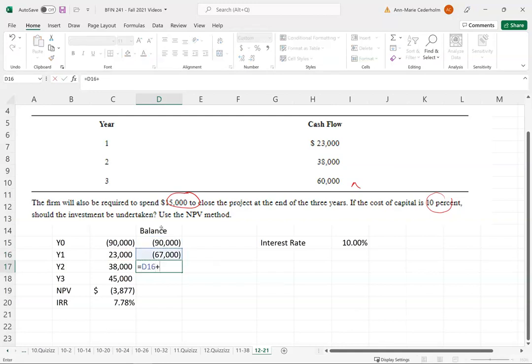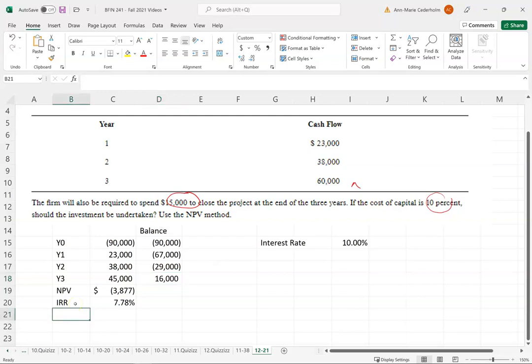Then in year 2, when I take the 67 and the 38, I have $29,000 of the investment to pay off. And then in year 3, I have $16,000. So between year 2 and year 3, it looks like we paid off the investment because this is where it becomes positive.